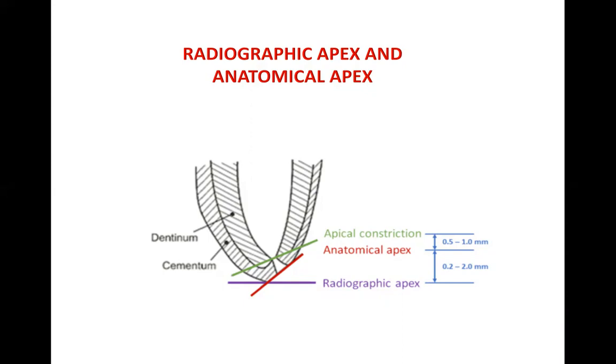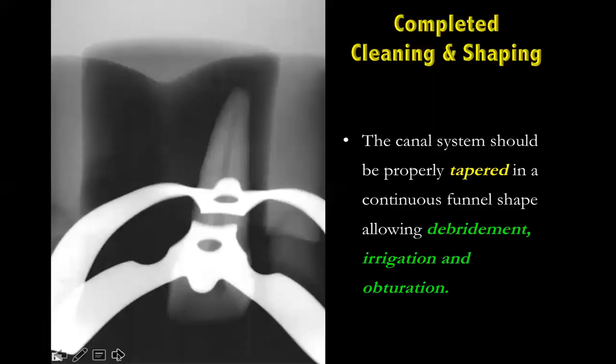This is the constriction where we need to confine our instrumentation, paper points, irrigation, and gutta-percha point. If this constriction is broken by any means, it is known as apical perforation, which has to be repaired first before we place a new gutta-percha obturation.